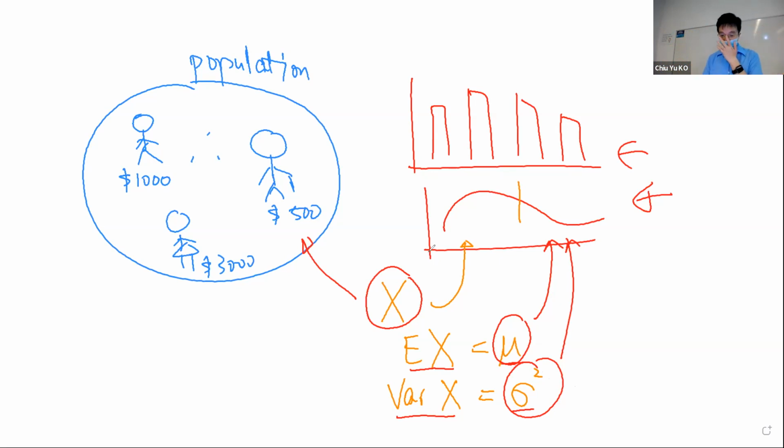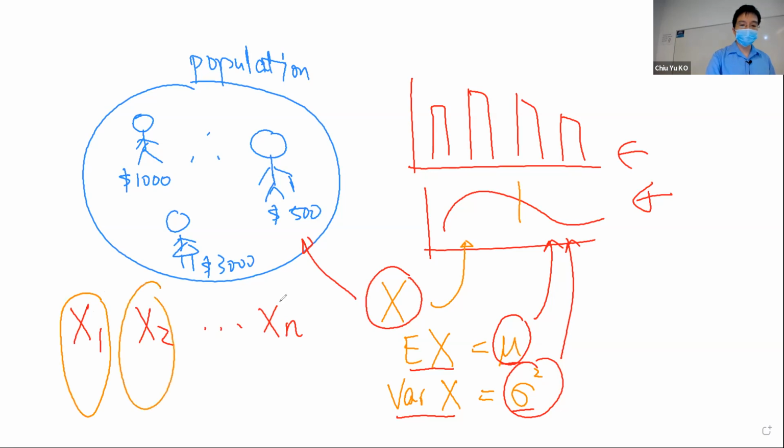A simple random sample means the following, because we actually draw 1, 2 up to n, and each draw is independent, separate from the other one. What this means is you are sampling with replacement.